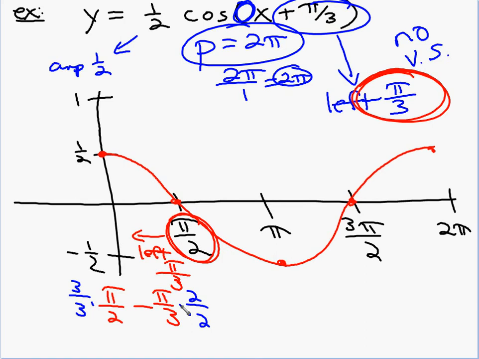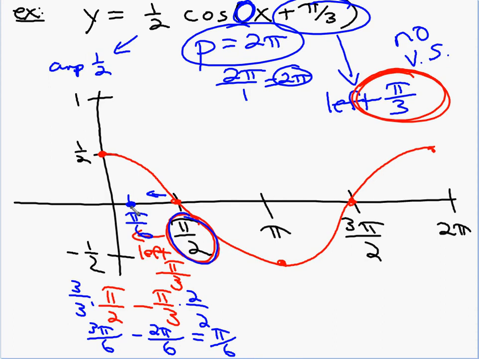So I'm going to have 3 pi sixths minus 2 pi sixths, which is 1 pi sixth. And guess what? That is my first point. Okay? So this point right here, actually it's my second point, but just give me a second. This point right here goes to the left 2 pi sixth.